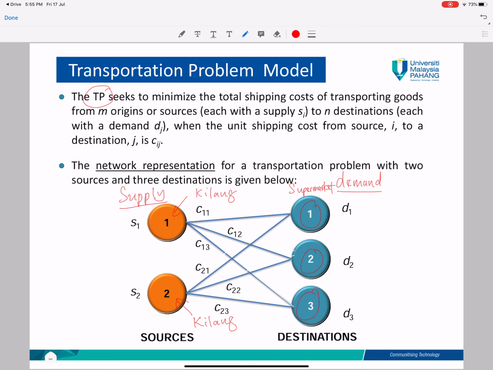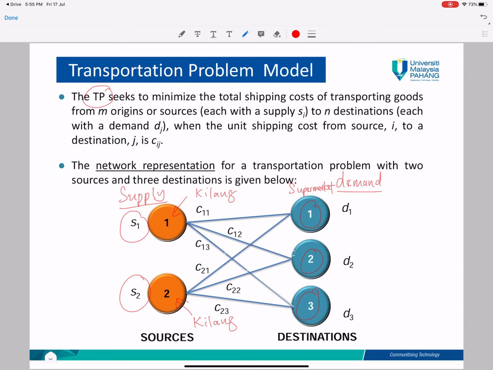So, kilang ini dikategorikan sebagai sources sebab dari mana barang datang, dia adalah source. Ke mana barang itu akan sampai, which is in this case is the supermarkets. Itu kita namakan dia sebagai destination. And then S1, S2 ni, ini satu contoh lah with 2 sources and 3 destinations.